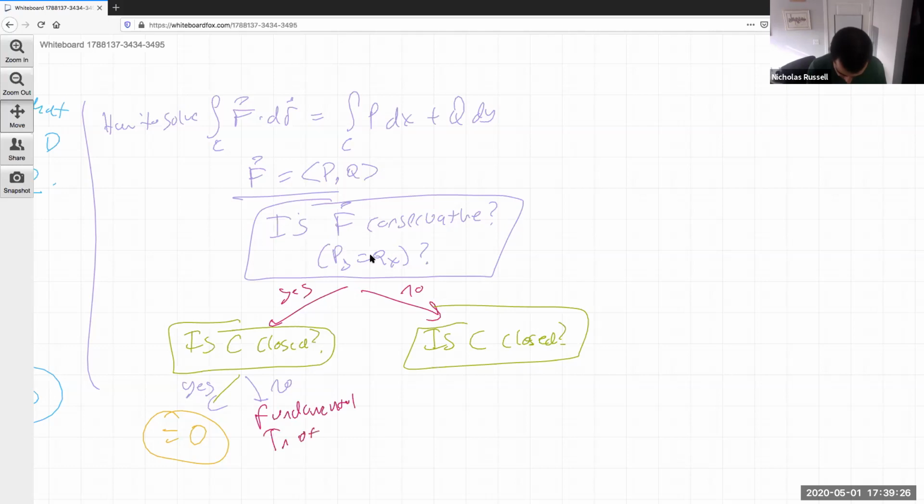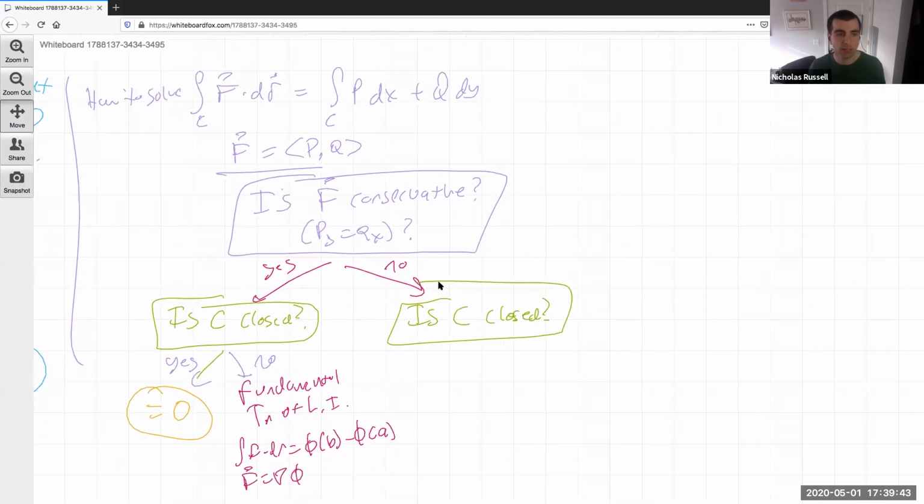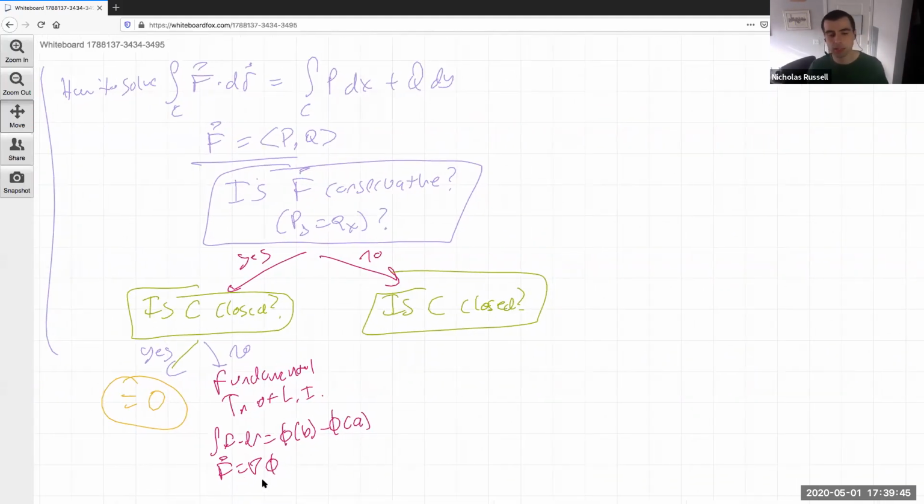This says the integral is equal to phi at B minus phi at A, where F is equal to the gradient of a potential function phi. This is actually pretty nice. What we usually do in this case is find our potential function and then evaluate it at the beginning and the end.